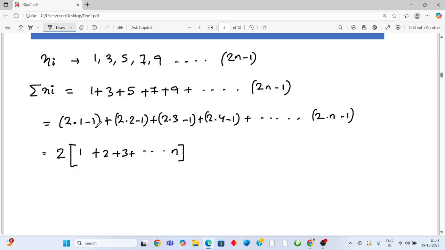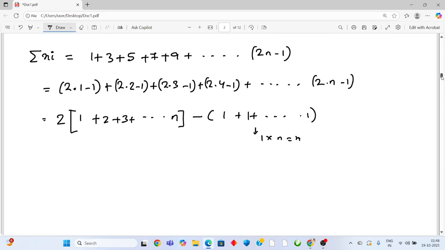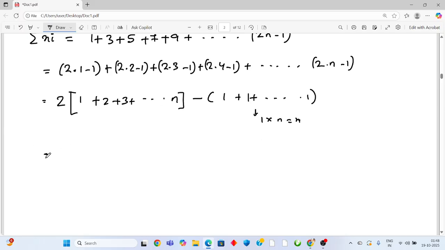And the second term in each bracket is basically minus 1. So if I take minus common, I will get 1 plus 1 plus dot dot dot 1. So here there are n ones. That means we can write 1 into n, which is n, right? So we can write this as 2 into n(n plus 1) by 2 minus 1 into n, which is n.